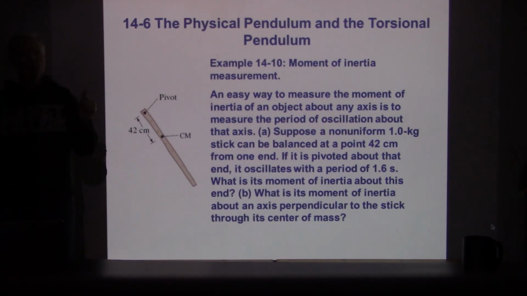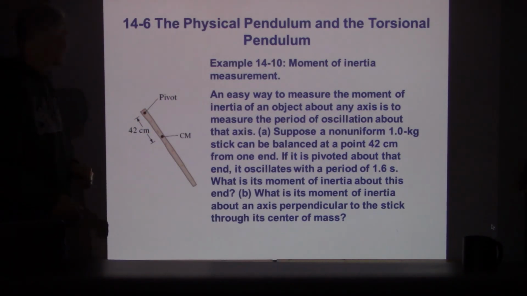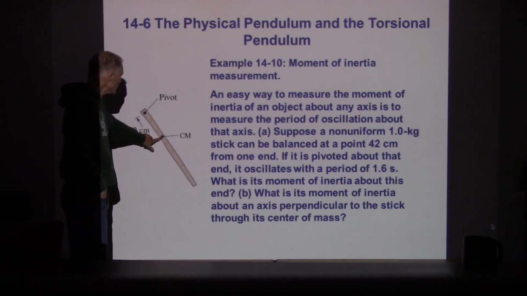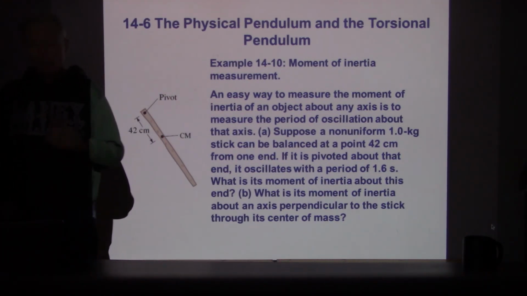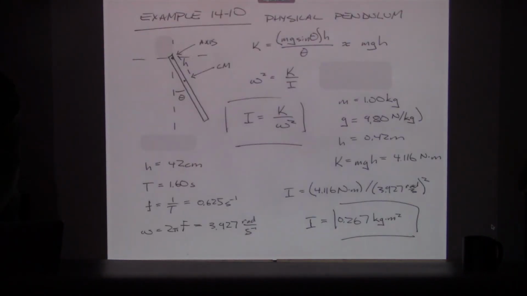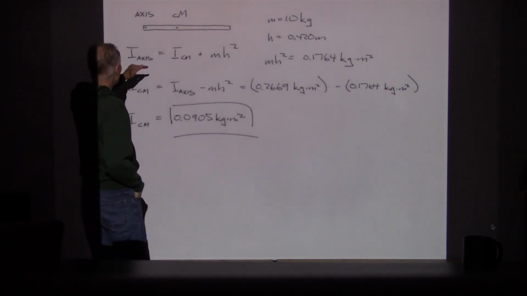Now, I know Chapter 10 was many, many weeks ago. It's a distant, distant memory. But the rotational inertia around the center of mass should be lower. And we should be able to use what we called the parallel axis theorem. And I could have written that down too.